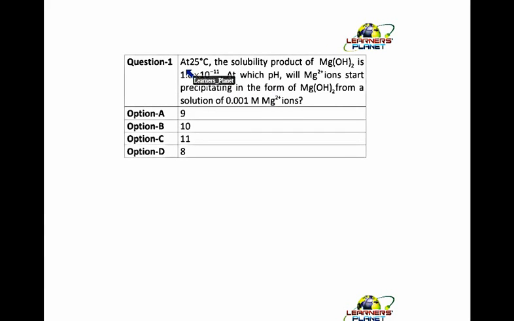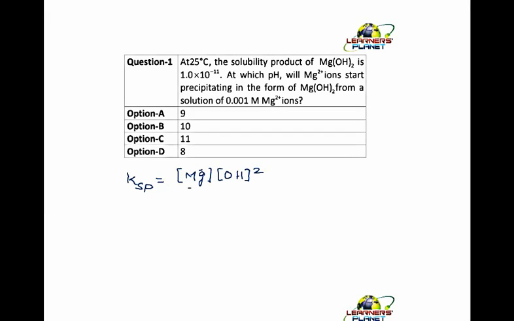Now this is a question over here that at 25 degrees centigrade, the solubility product of magnesium hydroxide is 1 into 10 to the power minus 11. So, what is the formula for solubility product? Let's take out the solubility product of magnesium hydroxide. So, Ksp will be the concentration of magnesium and hydroxide.